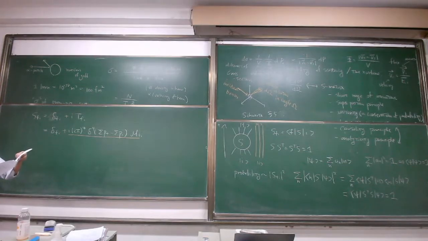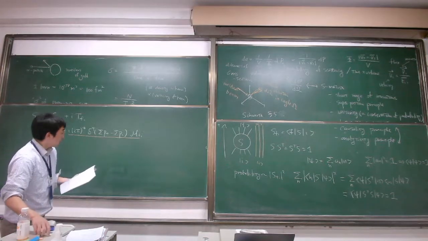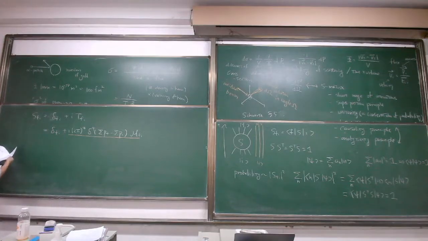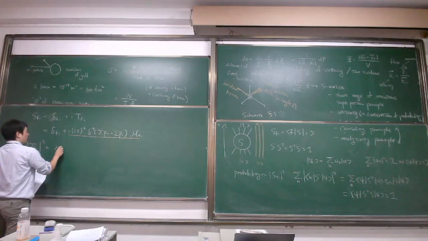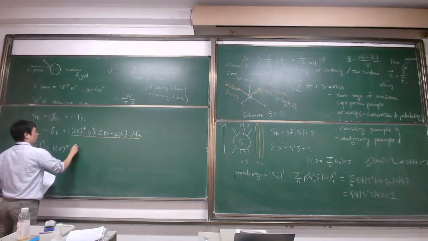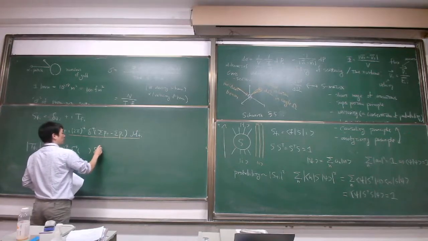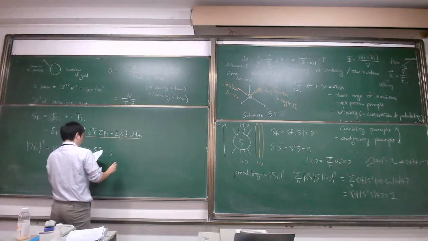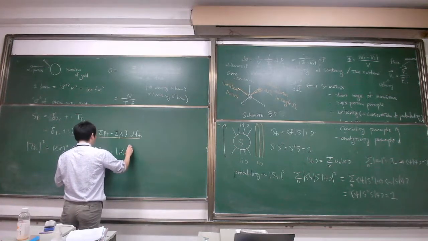I think I'm using the notation M. So T_FI squared can be understood as 2 pi to the 4 delta 4, and the same thing, delta 4, and then M_FI squared.